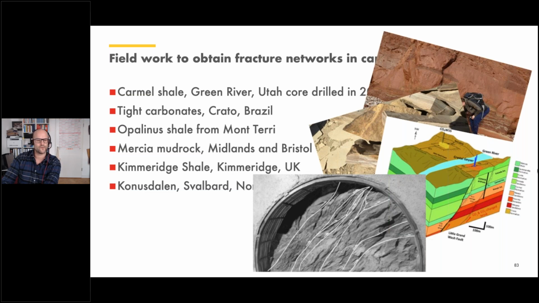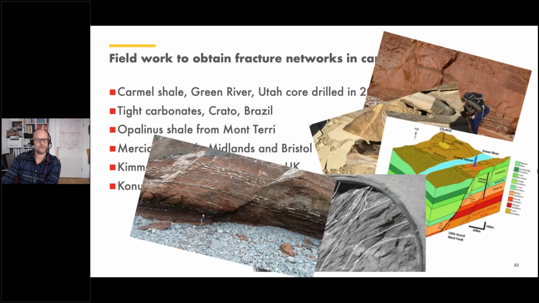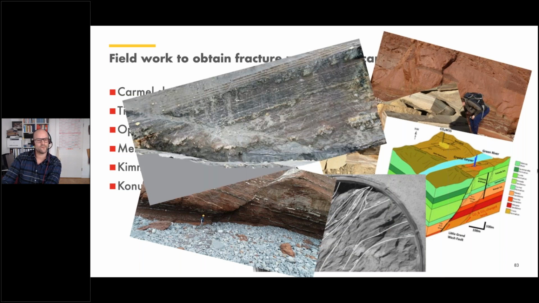One more, please. This is again Mercer mud rock at the Bristol Channel, the southern side at St. Audrey's Bay that we looked at in August. And one more, please. And then the Konusdalen fault in Svalbard, which has the advantage that most of the year it's actually deep frozen, so it's not weathering so much. Next slide, please.